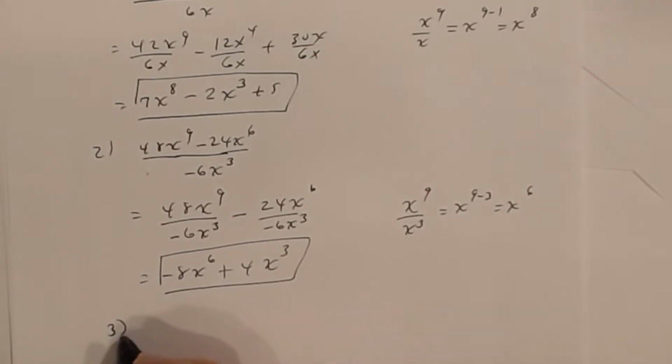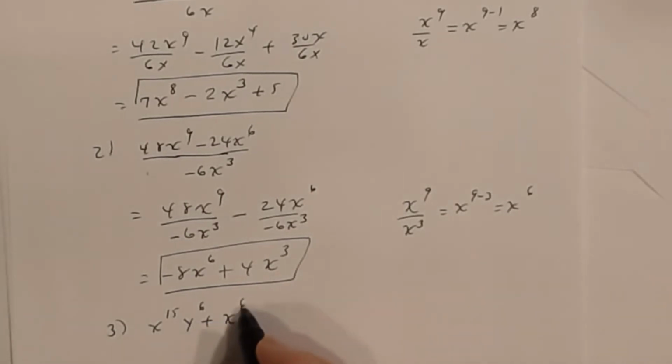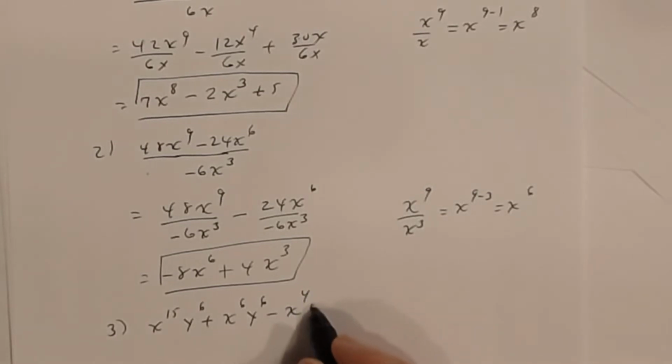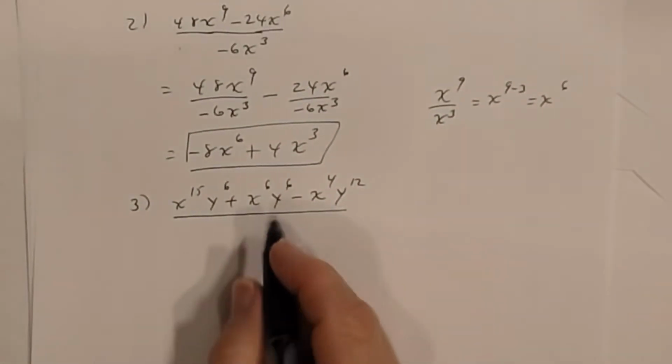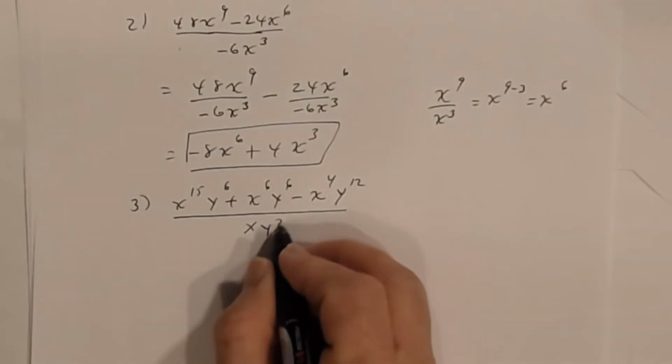All right, number 3. Number 3, you have x to the 15th y to the 6th, plus x to the 6th y to the 6th, minus x to the 4th y to the 12th. All that's being divided by x y squared.